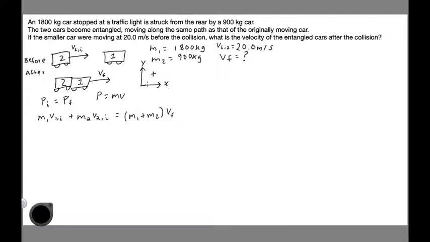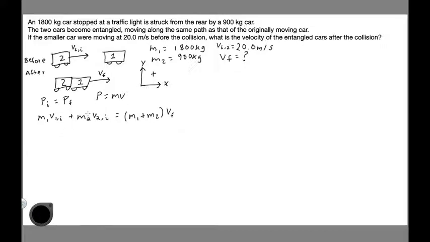So quadrant number 1 of a coordinate plane. If we use this as our frame of reference, the velocity of car 2 initially is moving along the positive x direction of our frame of reference. So therefore, VF, the final velocity of our combined system, is going to also be moving in the same direction.